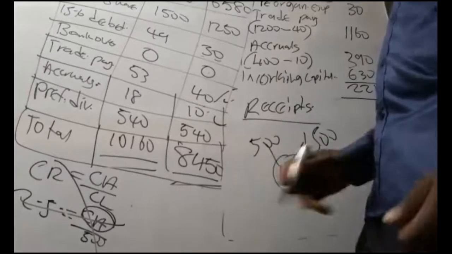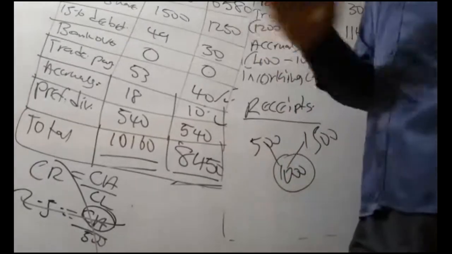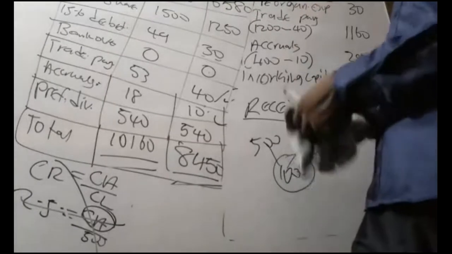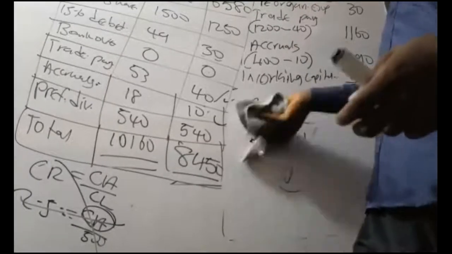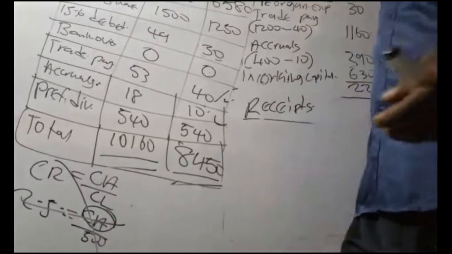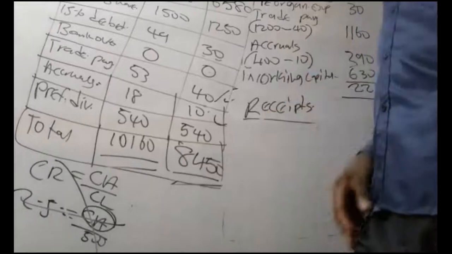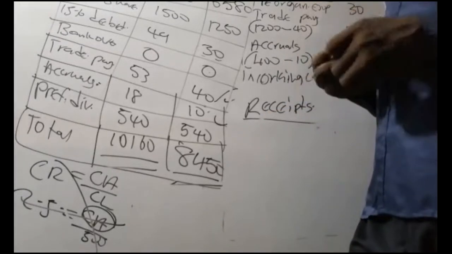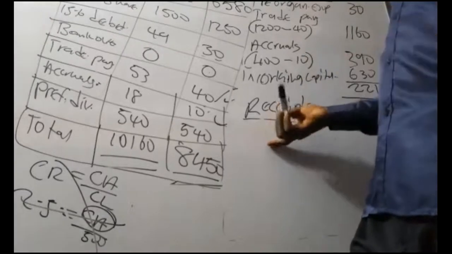How do we get it? Take note. But in this question, there's no limit. They've not given us a limit, so you can't go for a further overdraft. Unless the question or the examiner tells you that the bank is willing to give any amount to support the company, you can also bring them here.